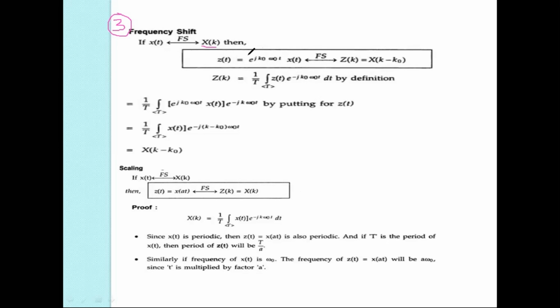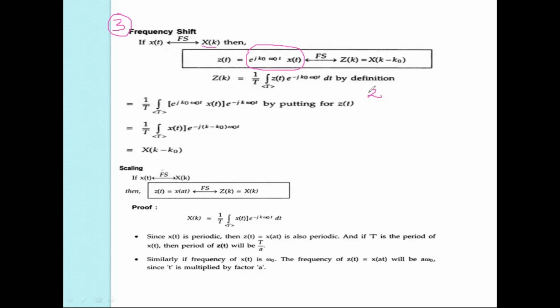Take the signal as e power j k naught omega naught t x of t. Apply the Fourier series, then z of k is equal to x of k minus k naught. Let us see it on the whiteboard, or otherwise I will explain directly here itself.